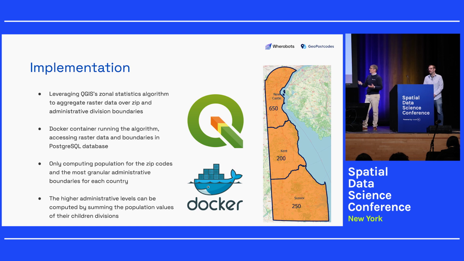And so we run the zonal statistics on these 3 polygons, and we end up with roughly 650,000 people living in Newcastle, 200,000 in Kent, and 258,000 in Sussex. Now, if you want to know the total population living in Delaware, of course, we could recompute the zonal statistics on the entire polygon, but there is a simple way. We just sum up the value for the 3 children and end up with 1.1 million people approximately.